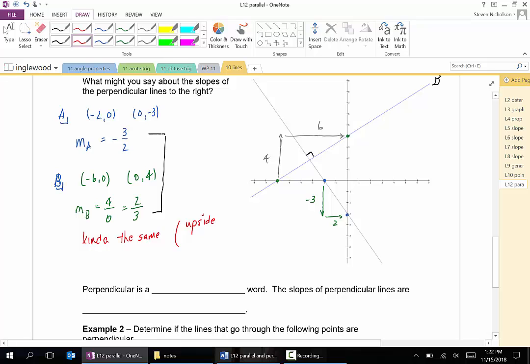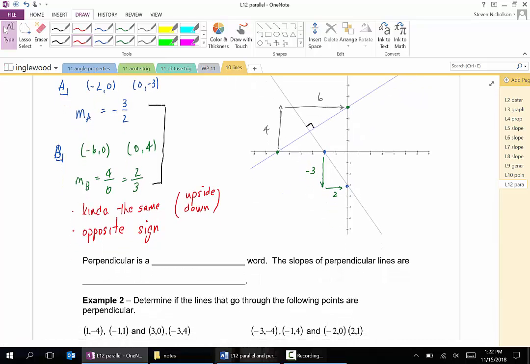So in one, the 3's on top, and in the other, the 3's on the bottom, and in one the 2's on the bottom, and in the other one, the 2's on the top. And the other thing that is a little bit different is one is positive and the other is negative. And this is going to be the relationship you see with every perpendicular slope. The slope of one is going to be called the negative reciprocal, and I'll write that down in a sec.